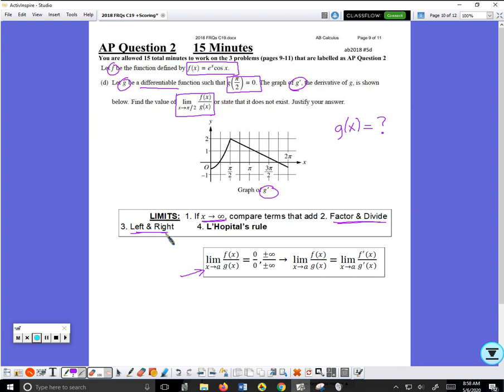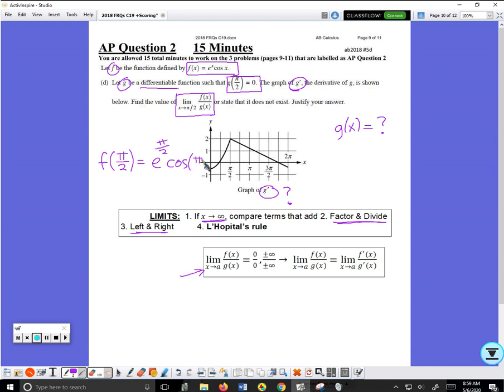Left and right limits. So I think about what's happening here. As x gets close to pi over 2, this is the graph of g prime. For f, when x is near pi over 2, that'd be e to the pi over 2 times the cosine of pi over 2.